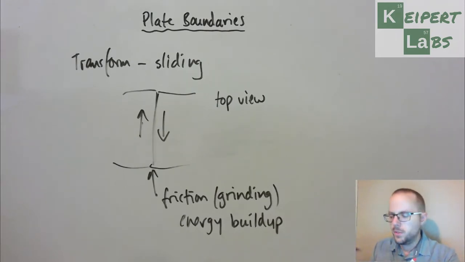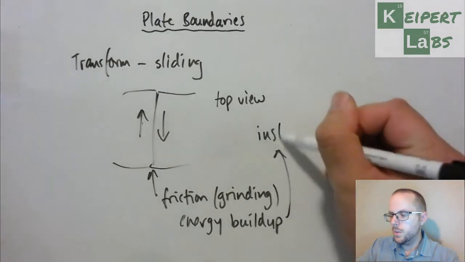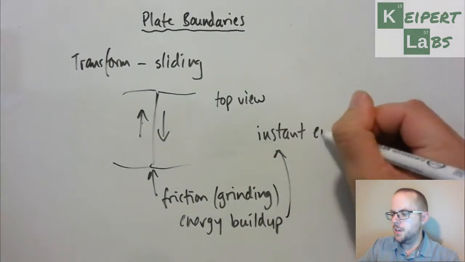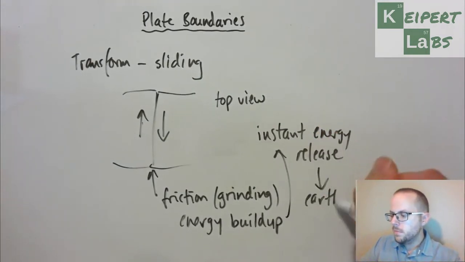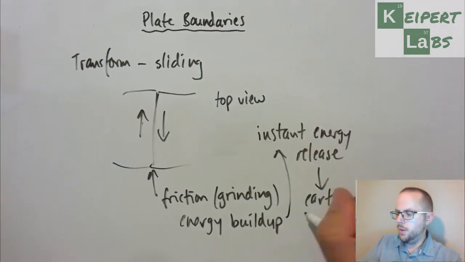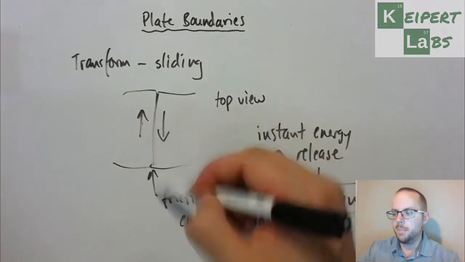they tend to jerk, pressing against each other and then just snapping, or releasing. And so what tends to happen is we get an instant energy release, which ends up causing an earthquake. Okay? Now, this is not to say that earthquakes only happen at these sorts of boundaries.